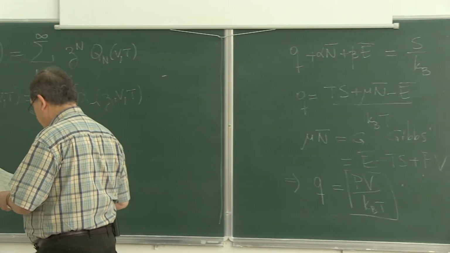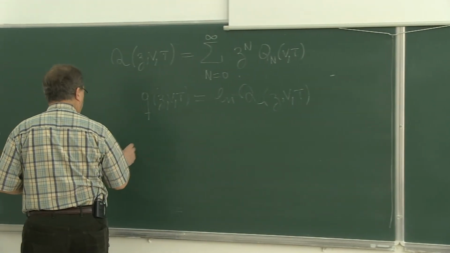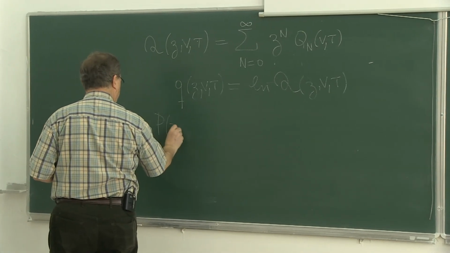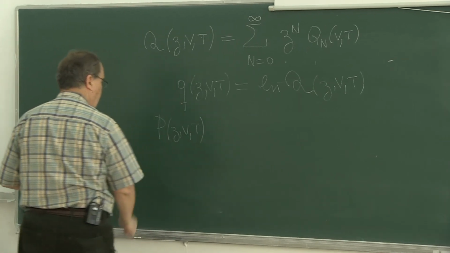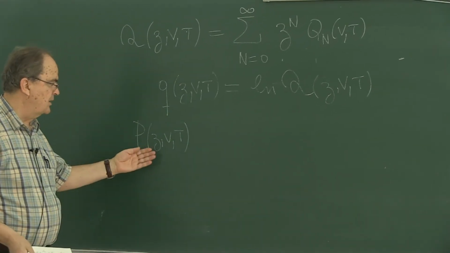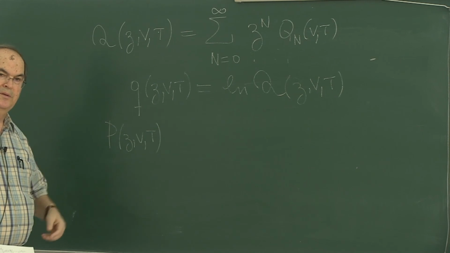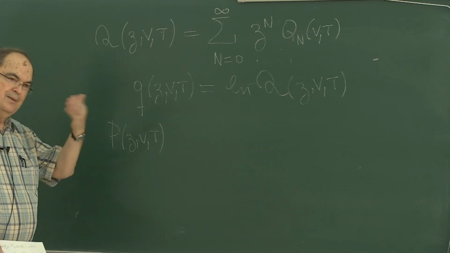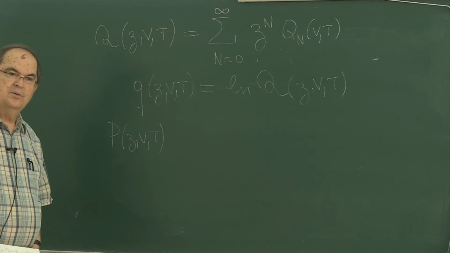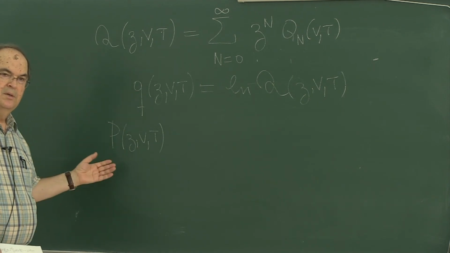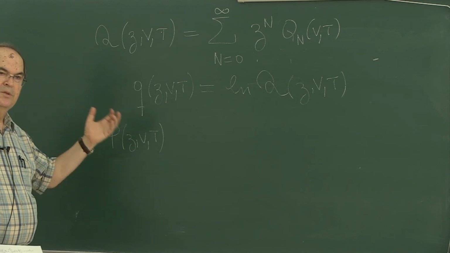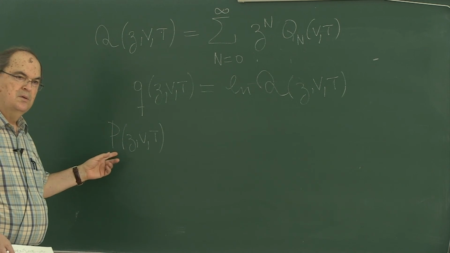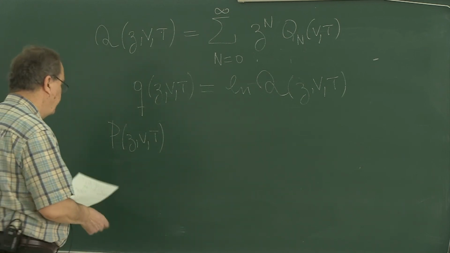Let's start from pressure. Of course, when you take z, V, and T as your independent parameters, then you don't have to relate, well, at the end you can relate z to chemical potential, but you are not going to take derivatives with respect to chemical potential here. z is the independent variable.